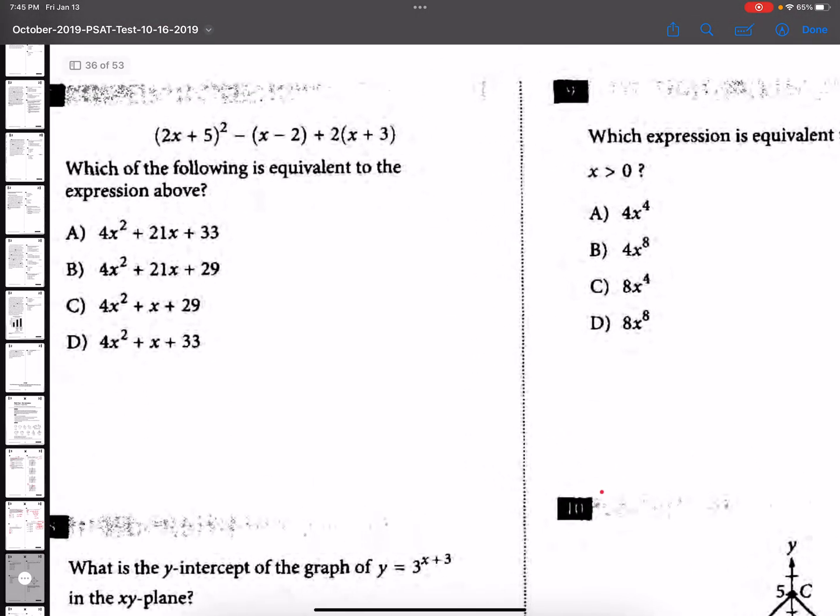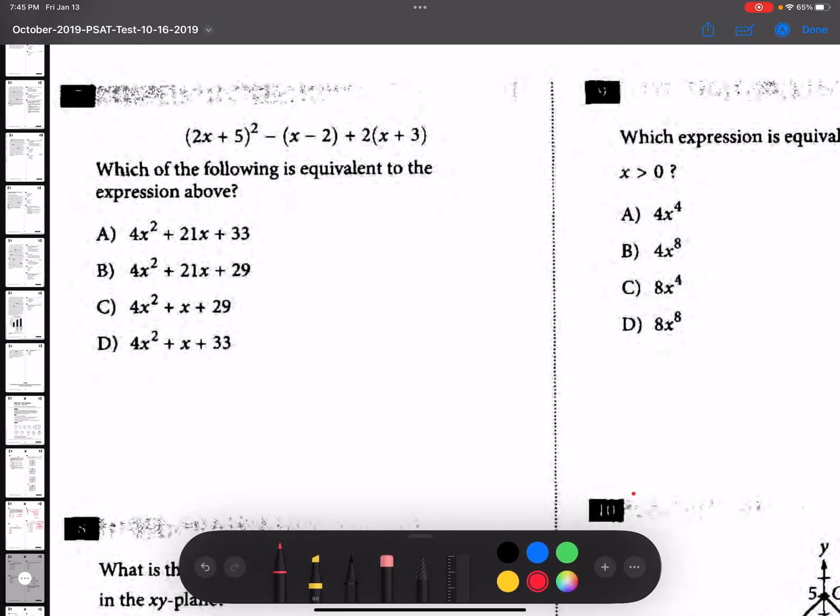Okay, number 7. Which of the following is equivalent to the expression above? So 2x squared is equal to 4x squared, plus 5 squared is 25. And then in this situation, we have to do 2ab, which is 2 times 2x times 5. So that'll give us 20x, right? 2x times 5 is 10x times 2, yeah, 20x. And then we have minus x plus 2 plus 2x plus 3.